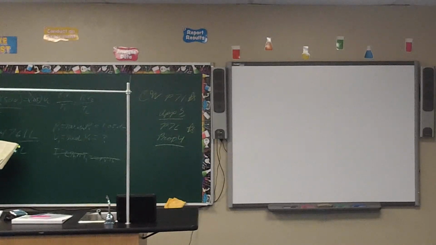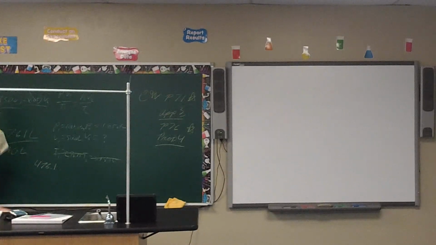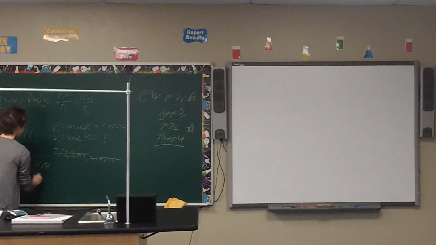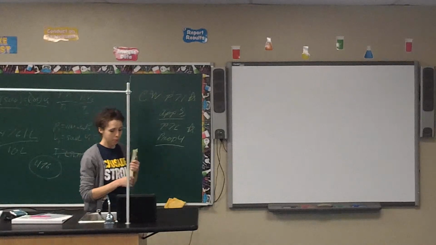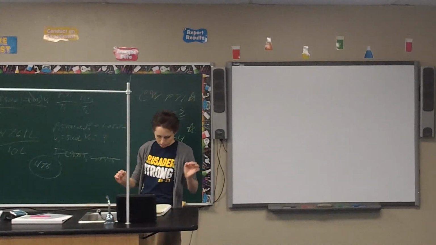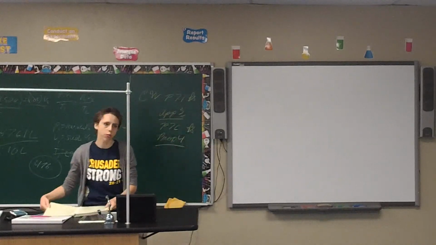You're going to get 476.1, but it's asking how many balloons. This isn't a full balloon, so you can just ignore it. So it's 476 balloons. That's the answer for that problem. Now let's look at your classwork. This will help you think back through it and get your mind going for it.